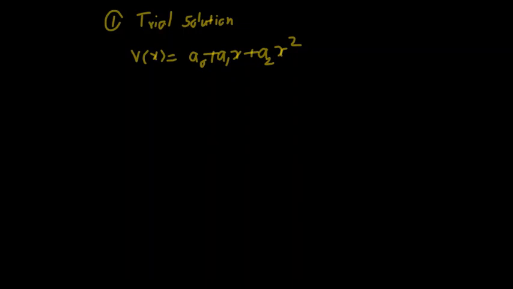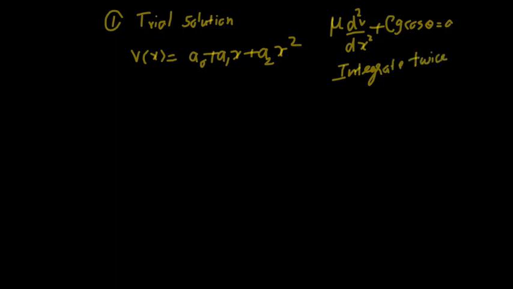But you may ask me this question: how do we get this particular trial solution? If you look at this governing differential equation, mu into d squared v by dx squared plus rho g cos theta is equal to 0, what you have to do is integrate this governing differential equation twice.